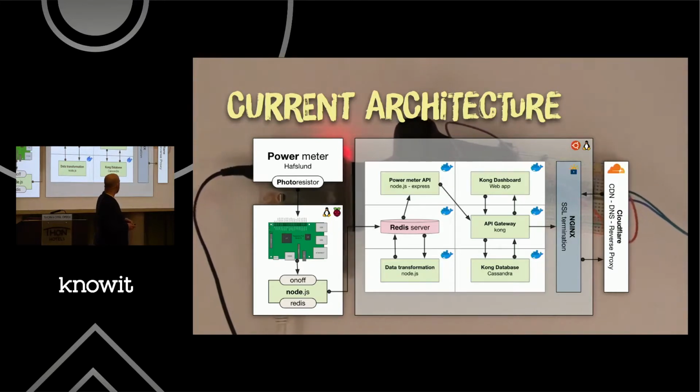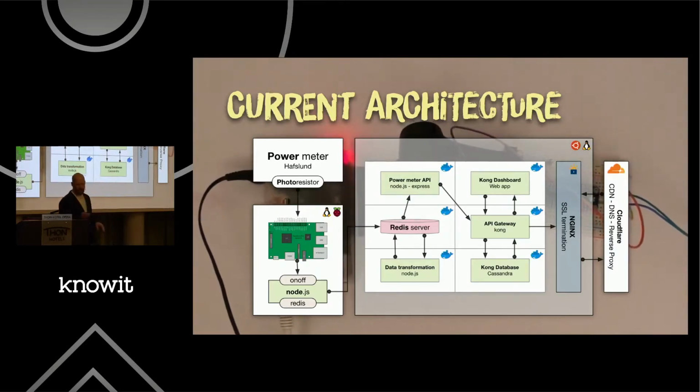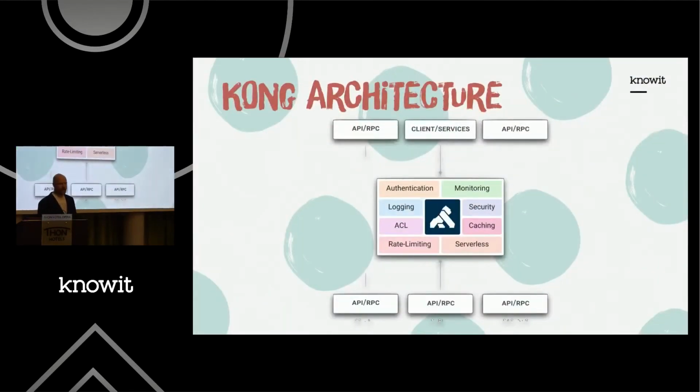Really good API gateway. It lets us refactor out everything that has to do with authentication. So you get authentication, API monitoring, logging, access control list, rate limiting, so on and so forth out of the box. You don't have to implement that.